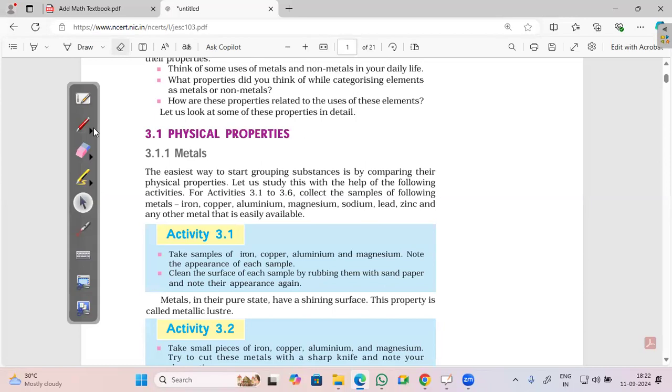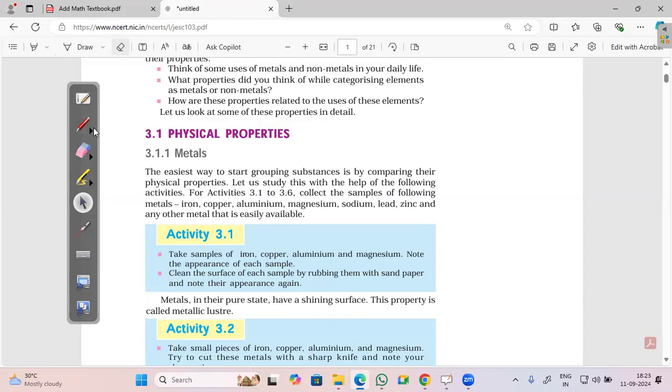How many total non-metals are there? 20, sir, maybe 22.